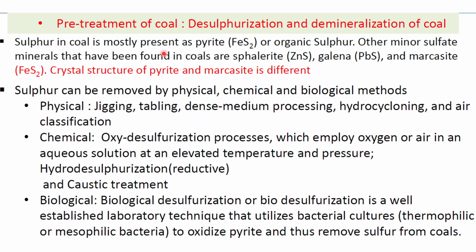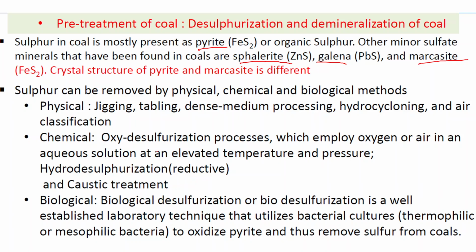Sulfur in coal is present mainly in different forms, such as pyrites, sphalerite, galena, and marcasite. All these forms need to be removed from the coal to decrease the emission gases during combustion.